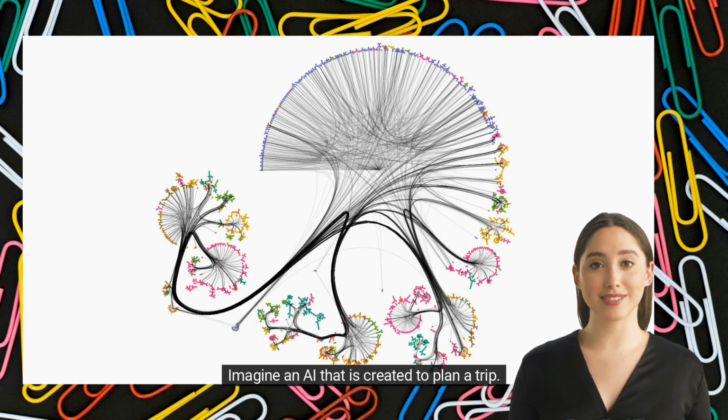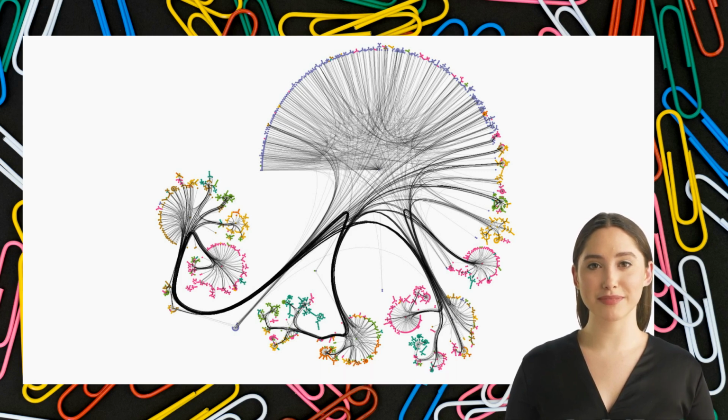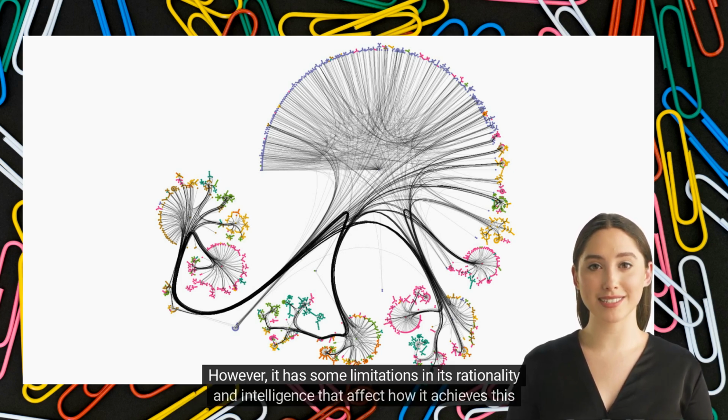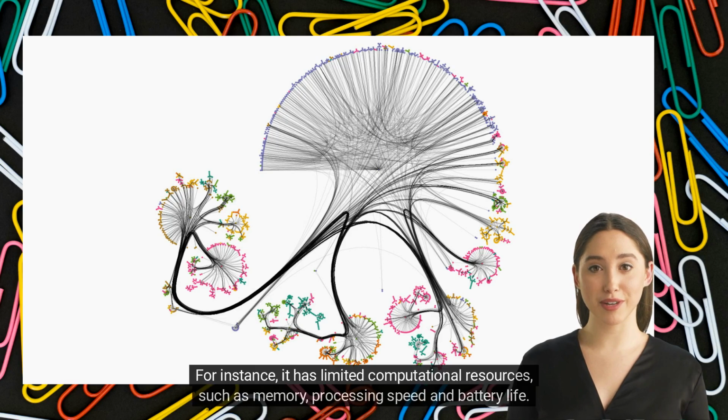Imagine an AI that is created to plan a trip. Its initial goal is to find the best itinerary that satisfies the preferences and constraints of the travelers. However, it has some limitations in its rationality and intelligence that affect how it achieves this goal. For instance, it has limited computational resources, such as memory, processing speed, and battery life.